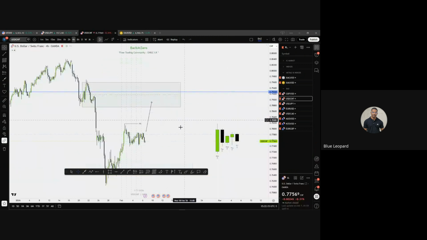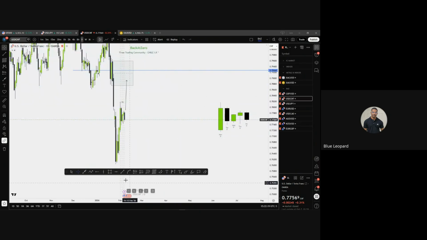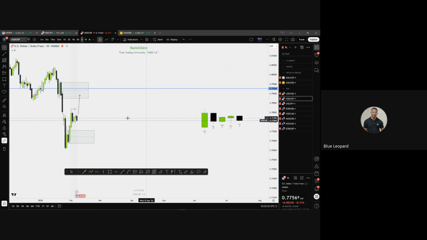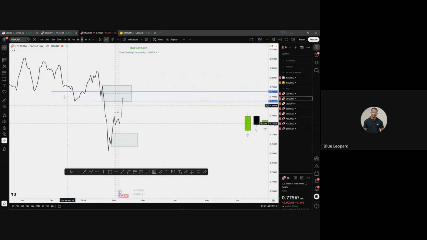So on USD CHF, we have a zone. Let me observe on the daily if I have something lower. Yeah, I have something down here. This is where I should expect price to come back if we have a drop lower, but I don't think price will come lower. Okay, we have a key level here on the daily time frame.